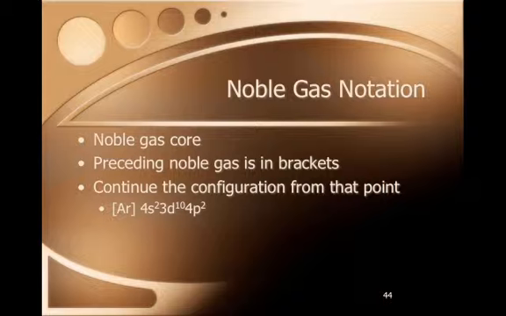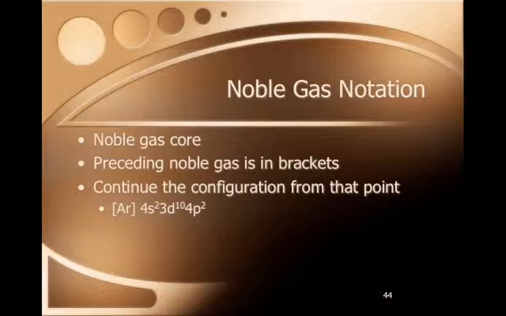So what would that be? 4p2. That's germanium. The argon 4s2, 3d10, 4p2. So when you find germanium, the noble gas that comes before germanium would be argon. Germanium's number 32. Put argon in brackets, and then you start from argon.